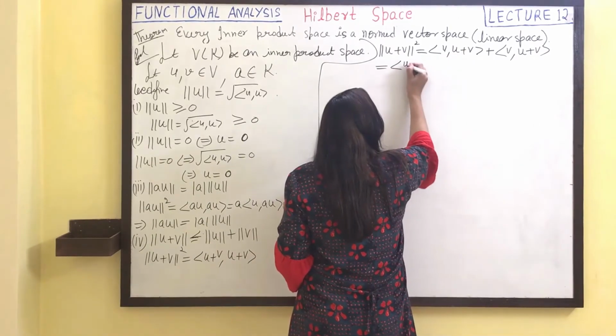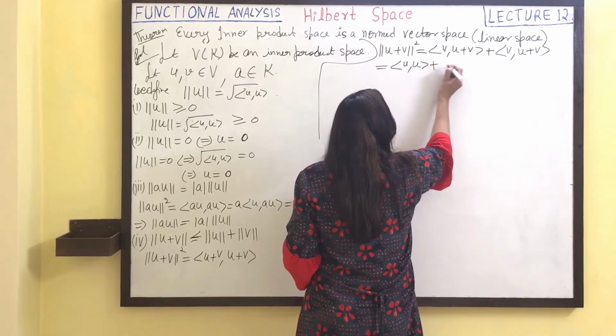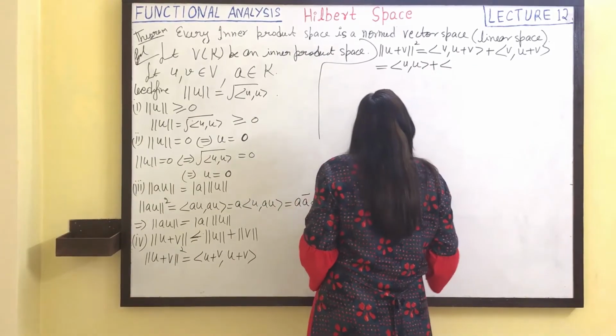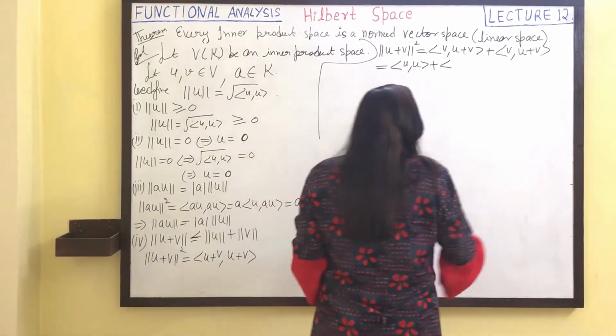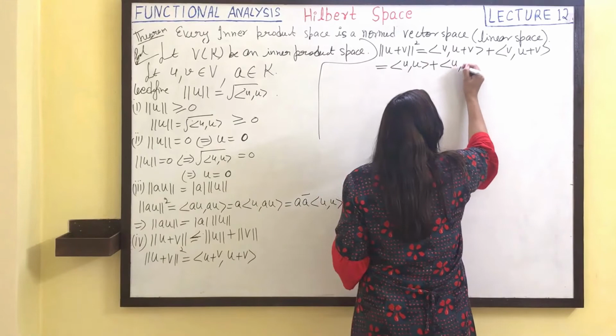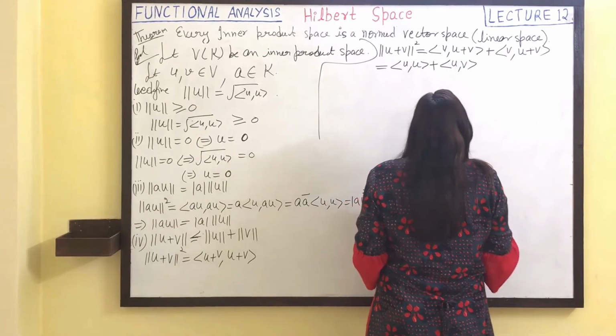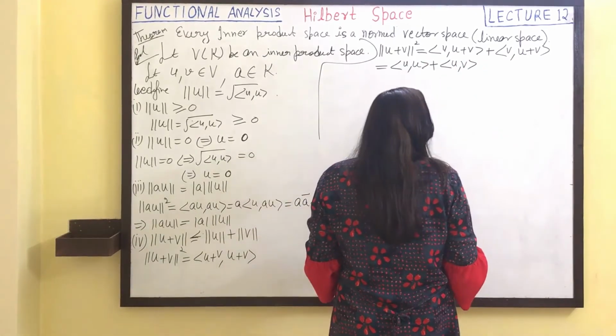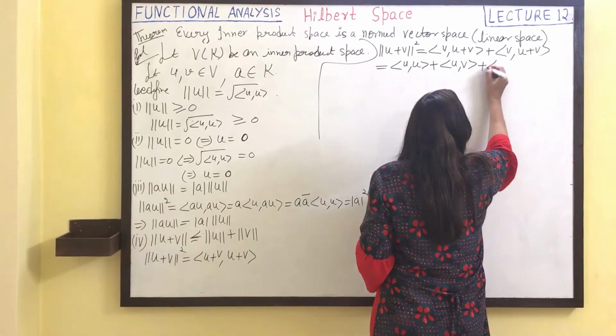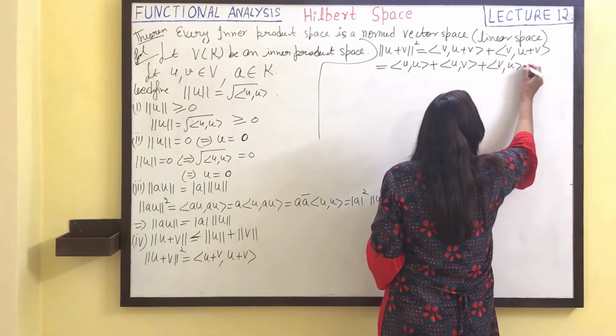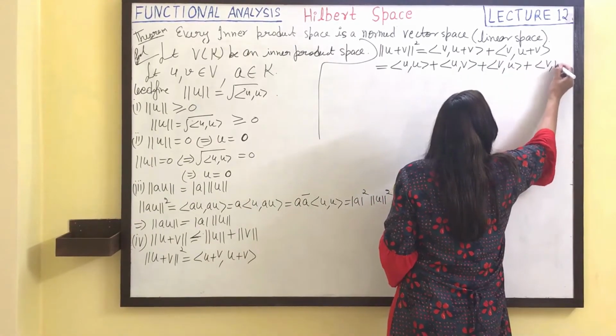u comma u plus u comma v plus inner product of v comma u, and finally inner product of v comma v.